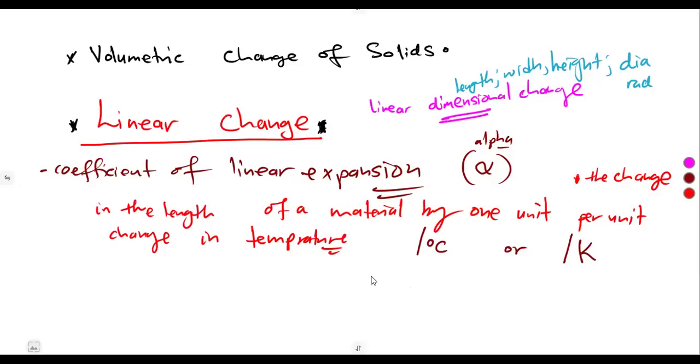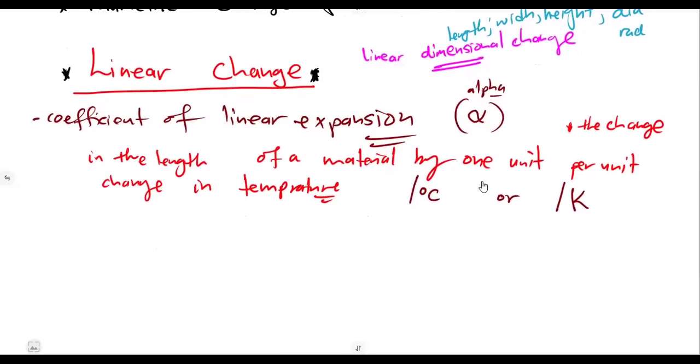Whatever value you are given here is times 10 to the exponent, per degree Celsius or per Kelvin. That is the coefficient of linear change, which is used on the expansion of linear dimensions of solids.